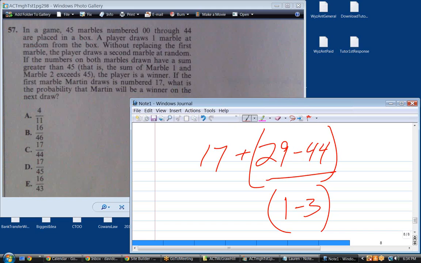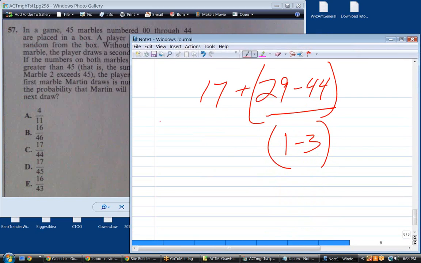How many numbers are there from 1 to 3? 3. 1, 2, and 3. And yet, you didn't get it by subtracting these two numbers. When the numbers are inclusive, in other words, we have to count 29 and we have to count 44, you take the difference and add 1. There are 16 numbers that work.